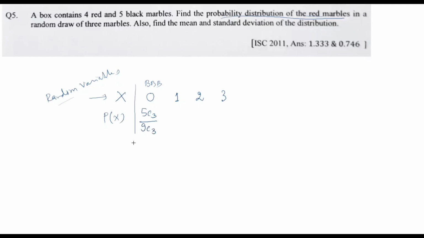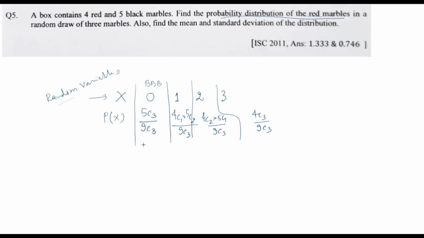Then the other one is drawing 2 black and 1 red, which is 4C1 into 5C2 divided by 9C3, and here it would be 4C2 into 5C1 upon 9C3, and here it will be 4C3 upon 9C3. This is what is called my probability distribution. So I've got to calculate it.